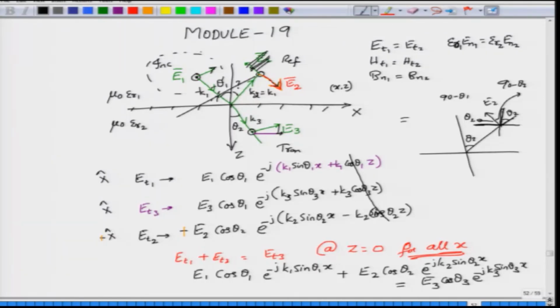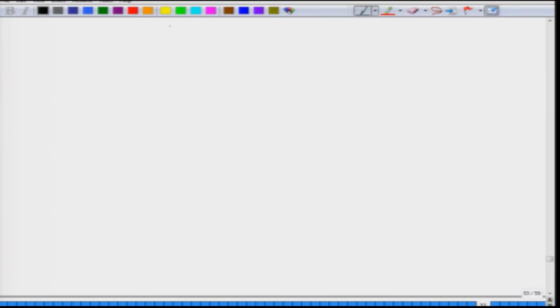Because these equations have to be valid for all x, the only way this can happen is that these individual phase factors are all equal to each other. So, k1 sin theta 1 x should be equal to k2 sin theta 2 x, which should be equal to k3 sin theta 3 times x.